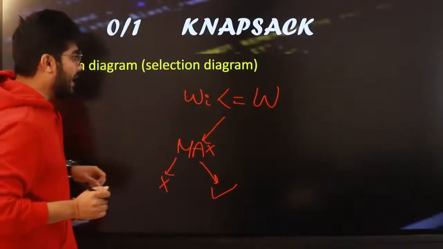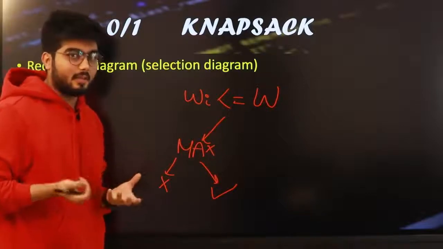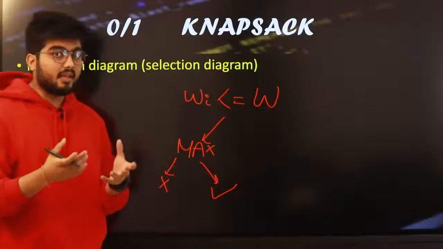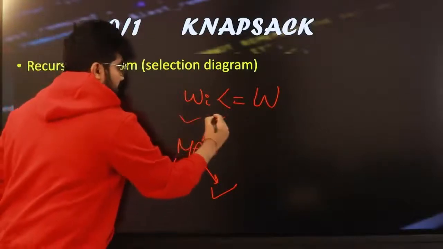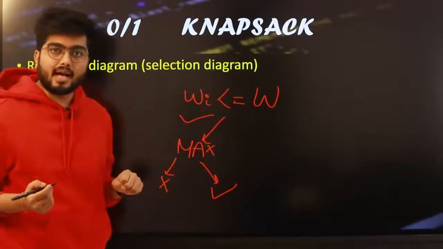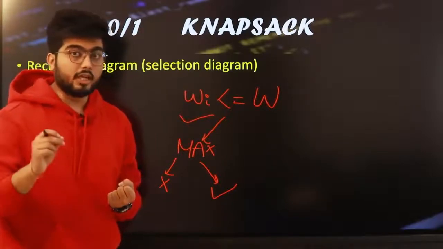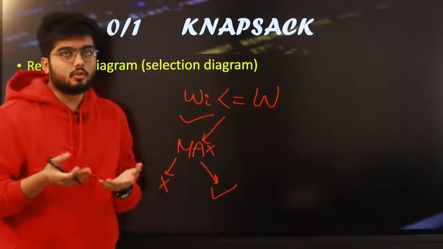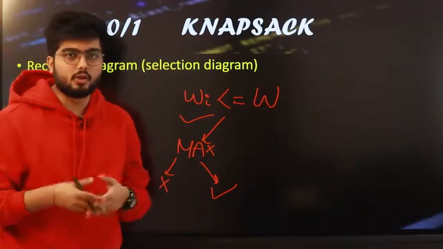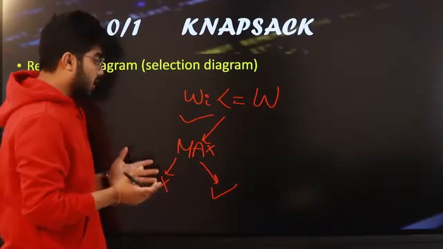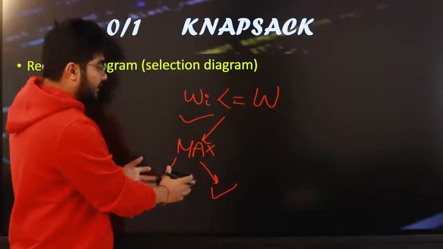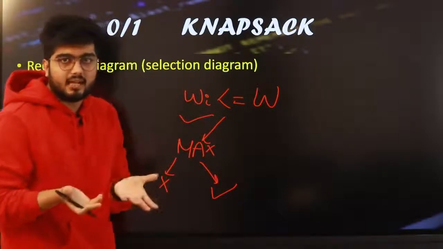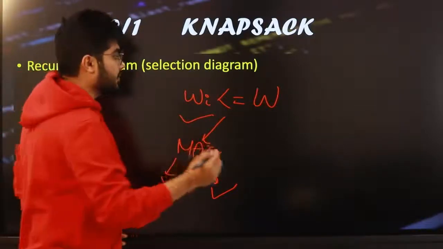You have a Wi, the weight of some ith item, and the weight of that item is less than or equal to the knapsack capacity. Now you have an option. You can include that item in your bag, or you may not wish to include that item because it's going to give you less profit. So out of those both things, whatever the maximum value we get will be our answer for that particular item.